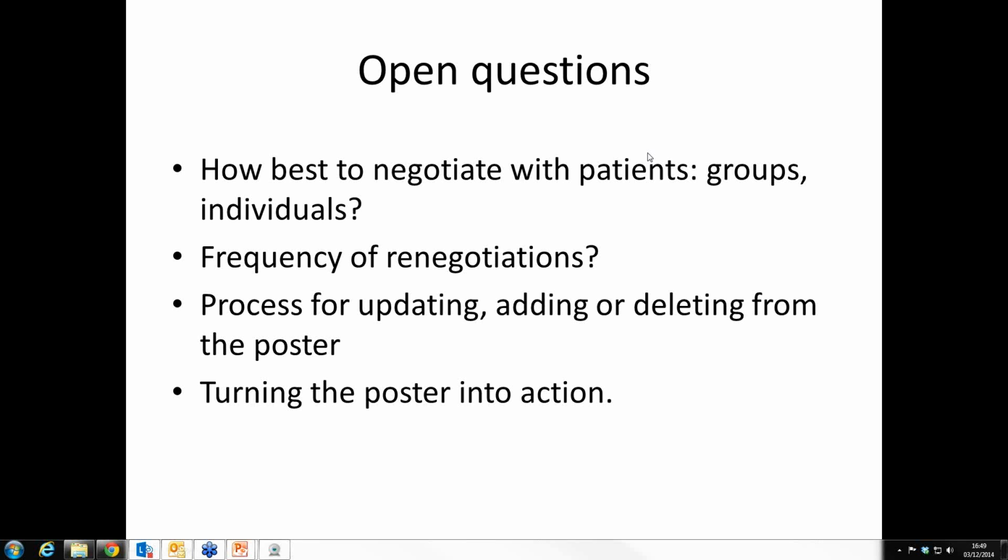Terence says, I'm currently working with mental health service users in the community and wondering if clear mutual expectations can be applied when doing community visits to form a basis of expectations on both sides, albeit not as formal as in a ward environment. Ooh, that's one to chew on. It's a good question. Certainly a community team might be able to set forth what patients should expect of it in terms of a service.